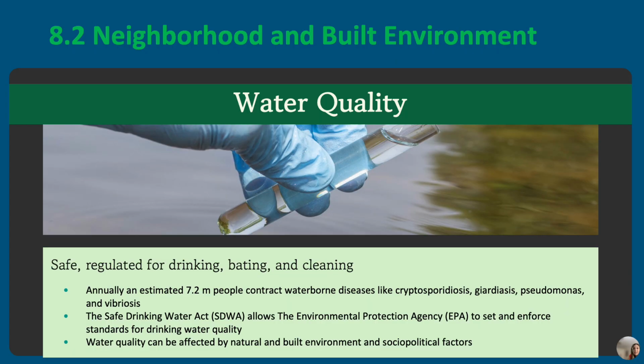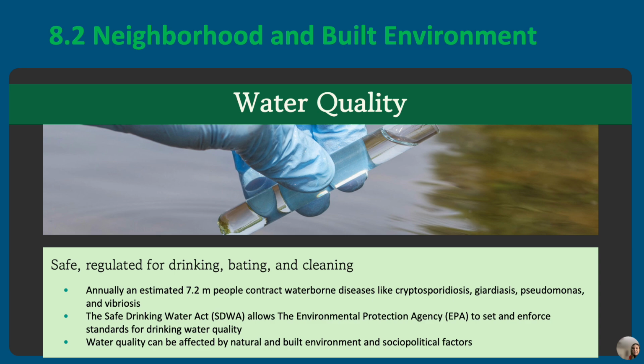In terms of water quality, we need safe, regulated water for drinking, bathing, and cleaning. It's an important health determinant. Annually, an estimated 7.2 million people contract waterborne diseases, and the Safe Drinking Water Act allows the Environmental Protection Agency to help enforce standards for quality drinking water.